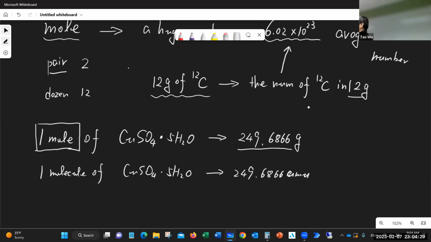By the way, the distance from the Earth to the sun we call 1 AU, which is a unit, the astronomical unit, the distance from the Earth to the sun.